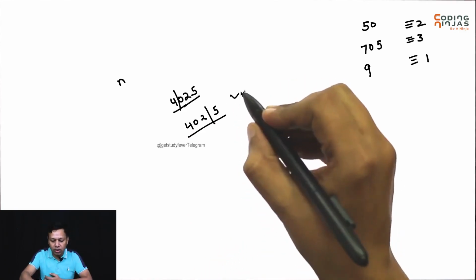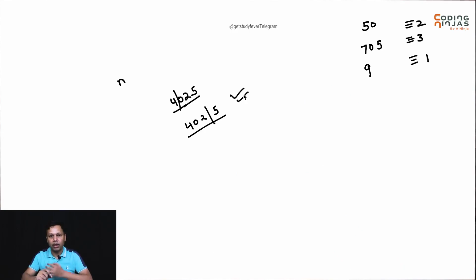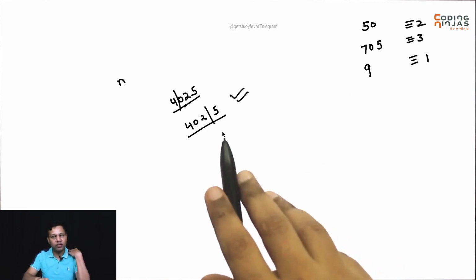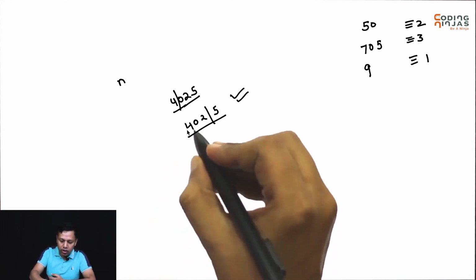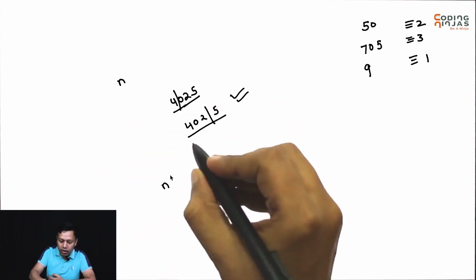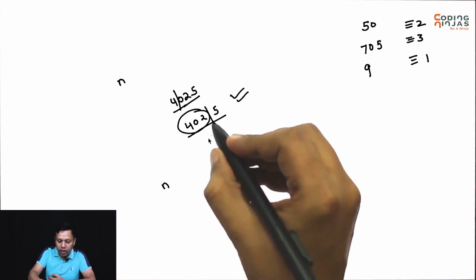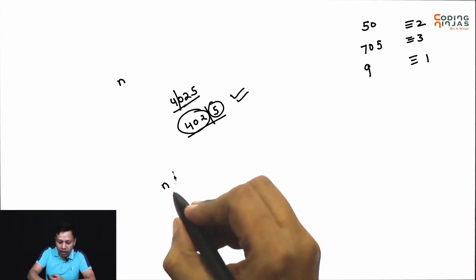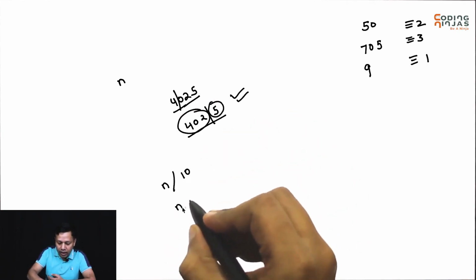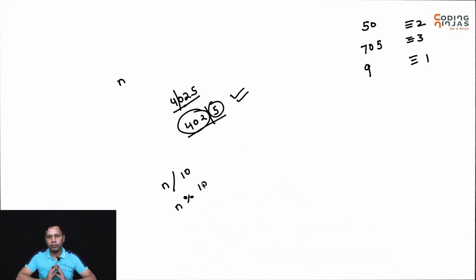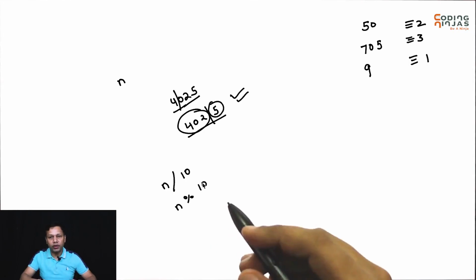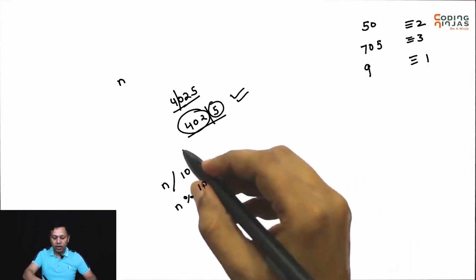I think we can approach this operation very easily. Suppose this is my number n, I can simply get this part and this part using n divided by 10 and n percent 10. These two operations very easily give me these 2 parts.